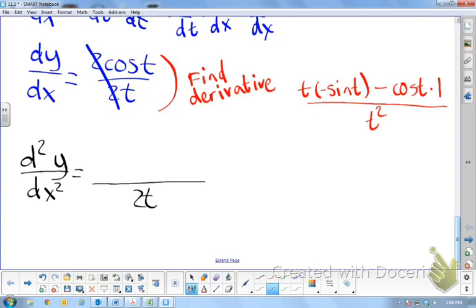So now we have to put this over the 2t. I'm going to clean it up a little bit: negative t sine t minus cosine t all over t squared.